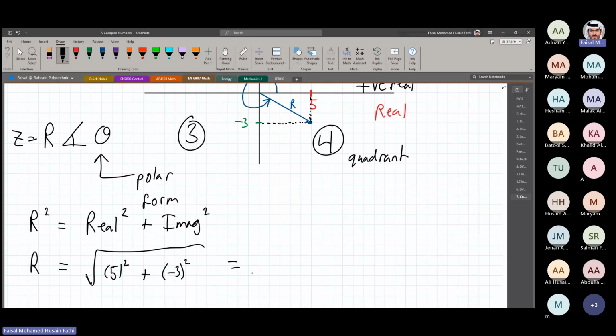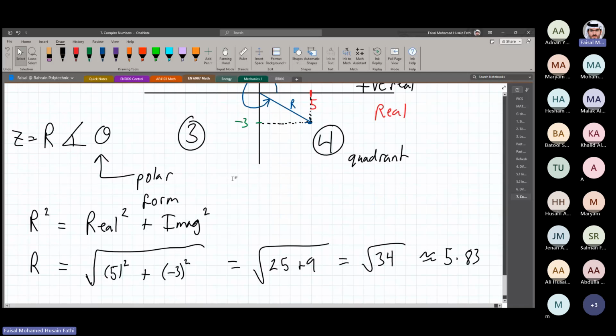So this is equal to the square root of 25 plus 9, square root of 34, which is roughly 5.83. Okay, so this is the value of your magnitude, the first part, the r in polar form.